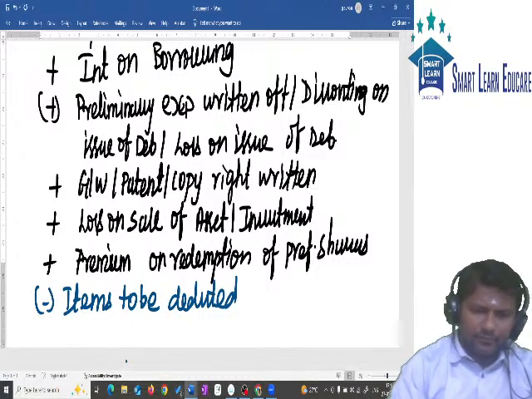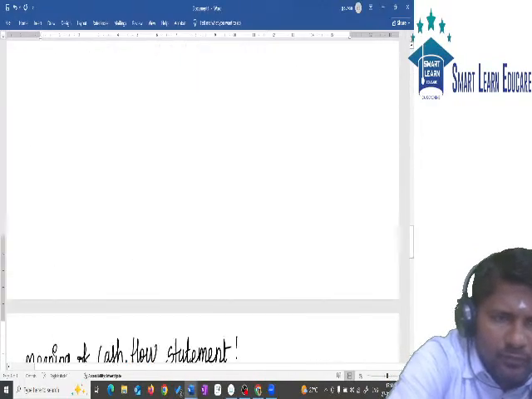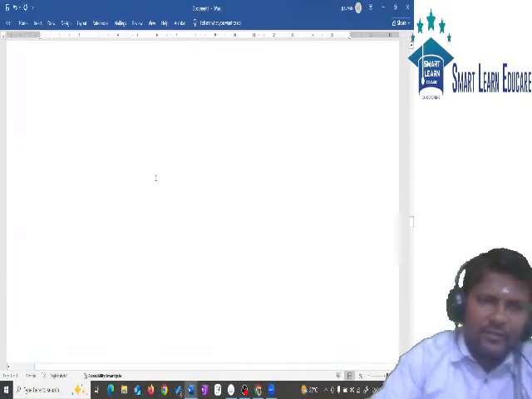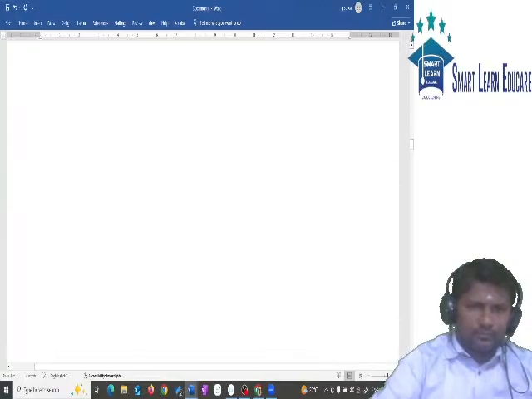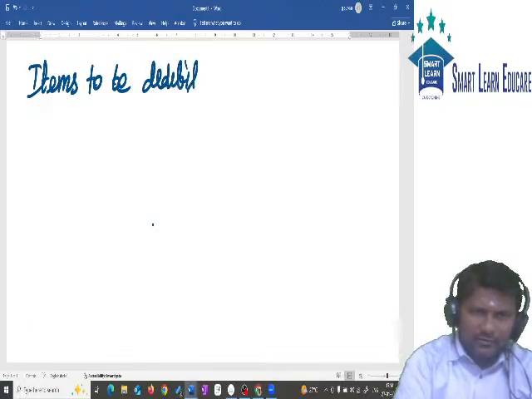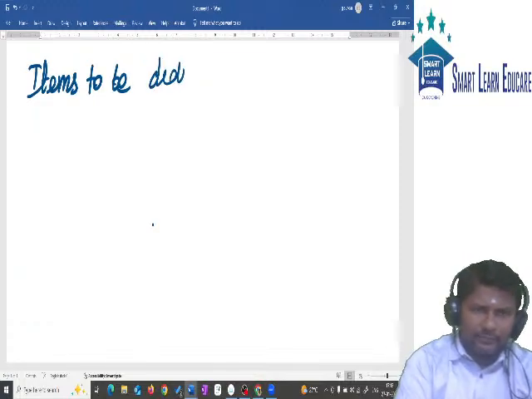First one, interest income. Interest paid we have added, so interest received should be deducted because it is not an activity belonging here.